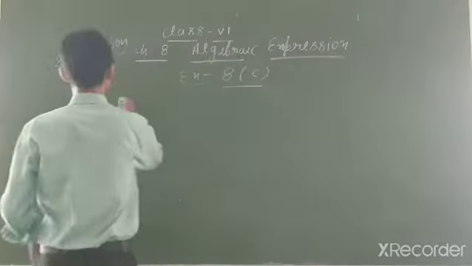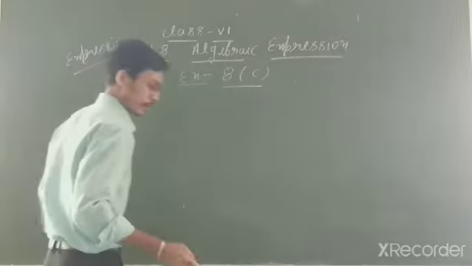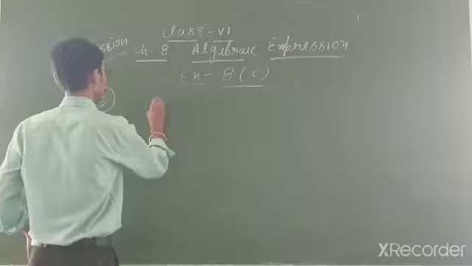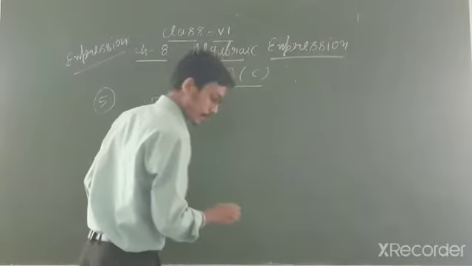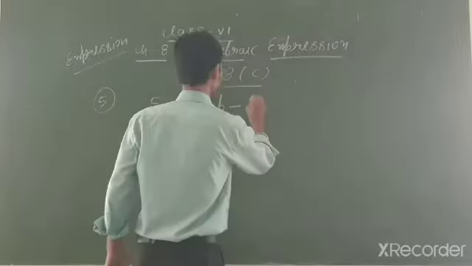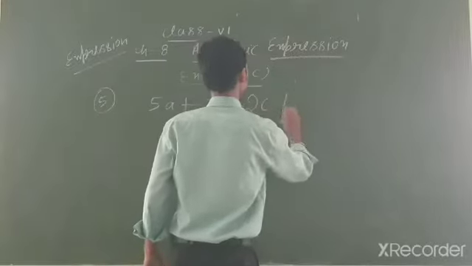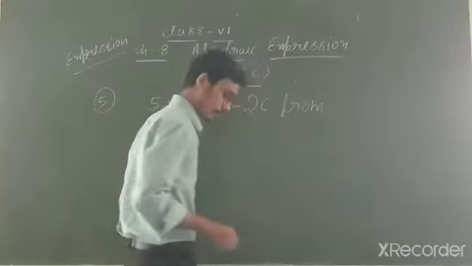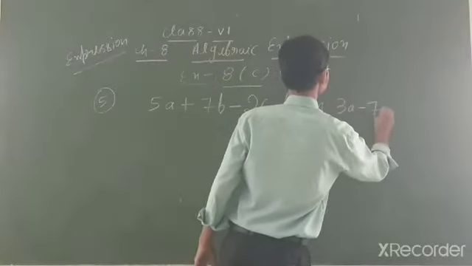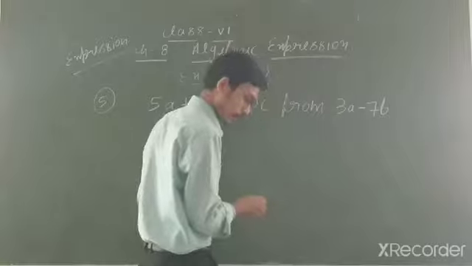Now one question of 5 I am going to explain. What is given? Subtract 5a plus 7b minus 2c from 3a minus 7b plus 4c.